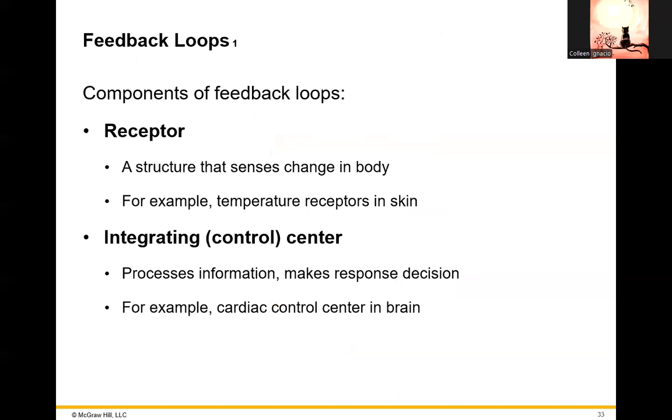All right, so when we think about the components of these feedback loops, we look at the receptor, and the receptor is the one that says, hey, there is a change in the body. So in our skin, we have temperature receptors. So when we go outside and it's 25 degrees, those receptors will say, hey, it is 25 degrees, it's cold outside.